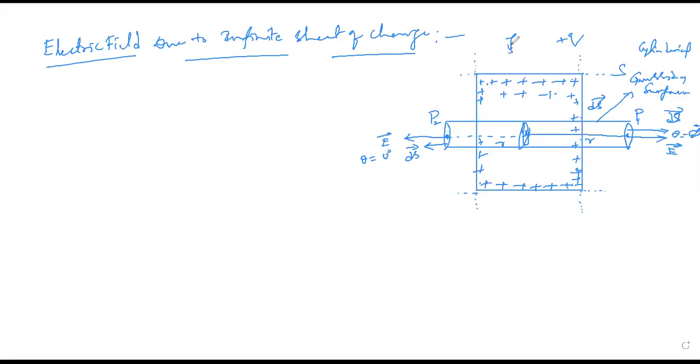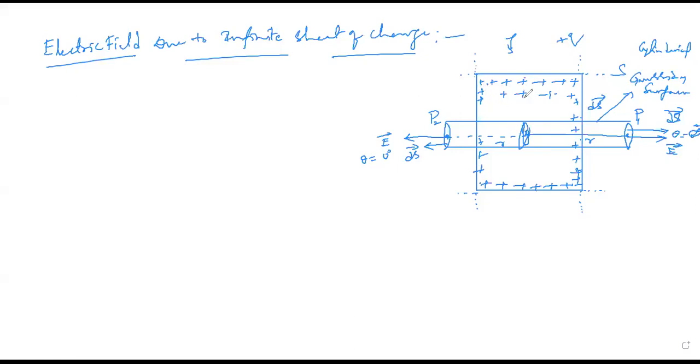Both are correct. Next, we have to take a point at a distance R, so point P is taken at a distance R with respect to the sheet, and the electric field intensity is to be calculated with respect to this P. But when you take a point, this presents a problem. How? Because here you are taking a point, but you are working only on one side.